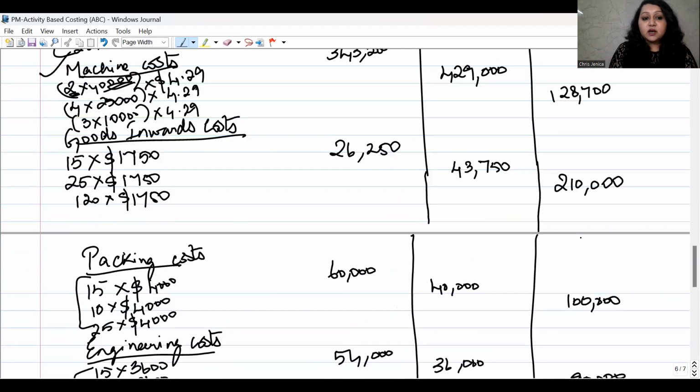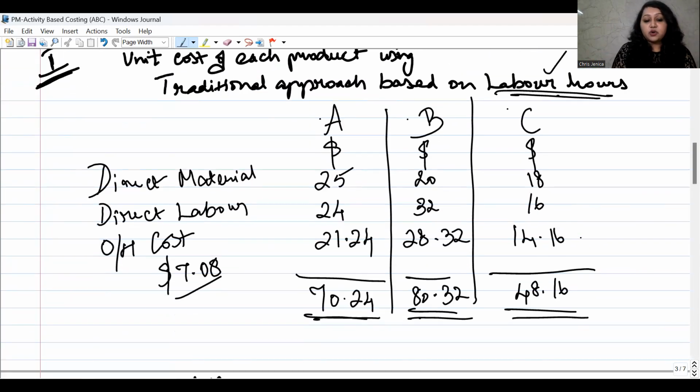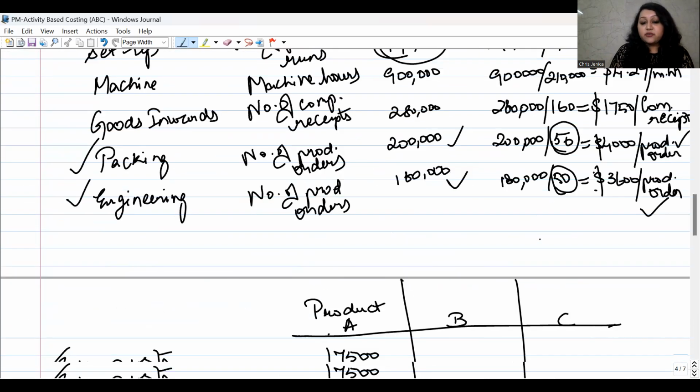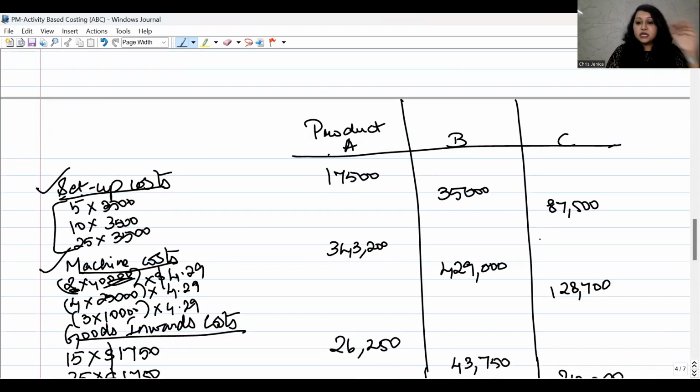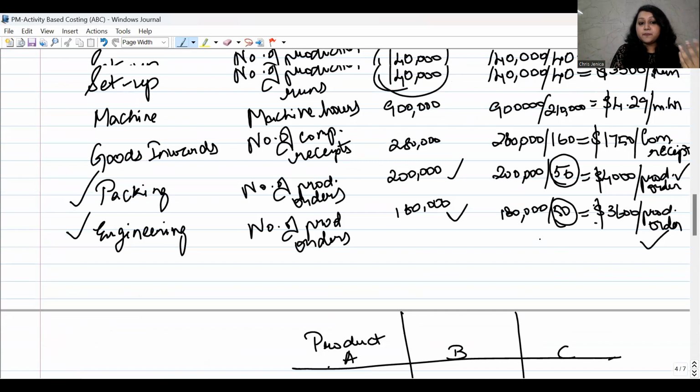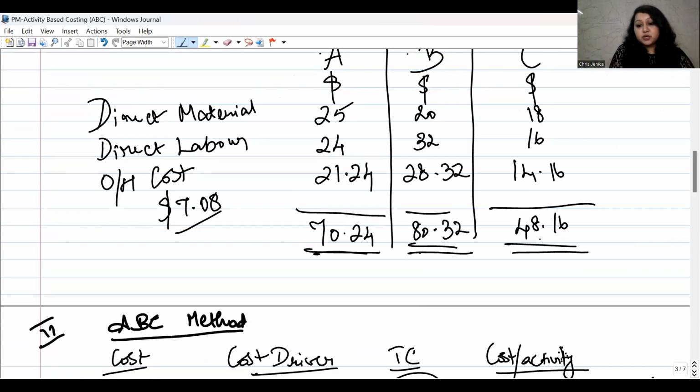So there, if you take under absorption costing, we had found out overhead cost per unit at $7.08 and we had got 21.24, 28.32 and 14.16, right? But here, that's not the case. We have found out each and every setup cost, machine cost, each and every overhead. We had 5 overheads and then totally we took the total cost and then divided by a basis, that is the direct labor hours, and then we got our overhead absorption rate.